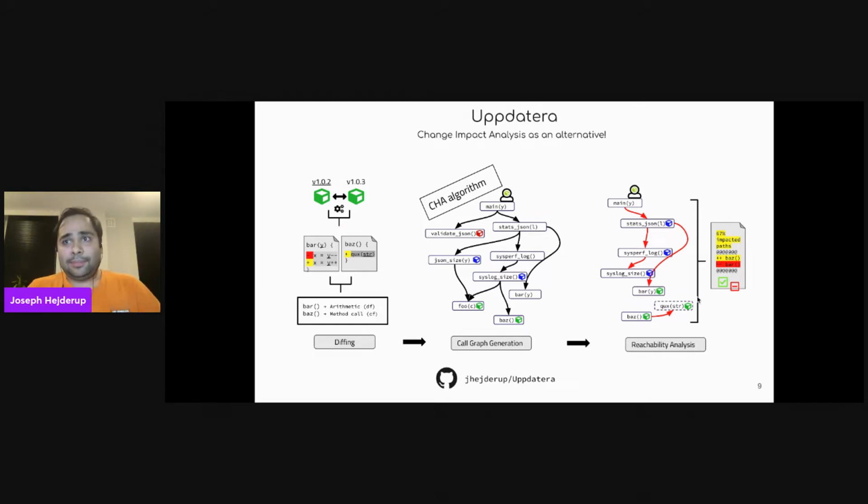In the last step, I do reachability analysis. If the changed function is reached by the project, I consider that there is some kind of issue. I then also issue a report, for example, that 67% of the paths are impacted or not.